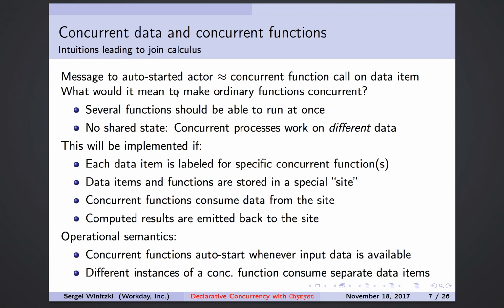And also, functions should not have any shared state, so that concurrent instances of functions should work on different data items, not sharing any data items or state. This will be implemented if we label each data item for consumption by specific concurrent functions.